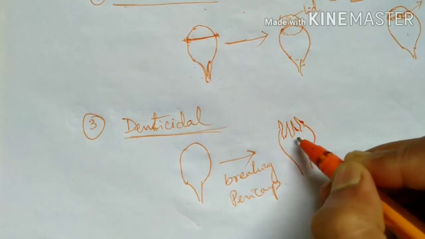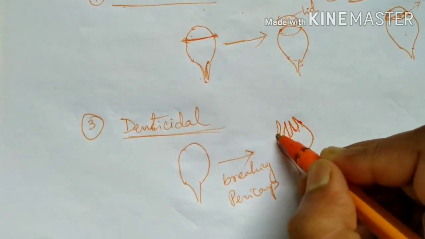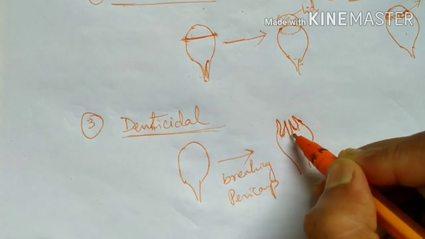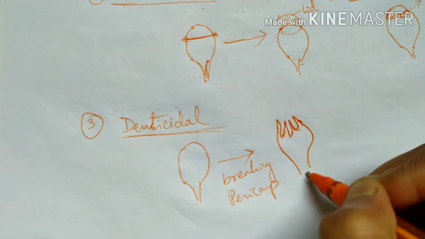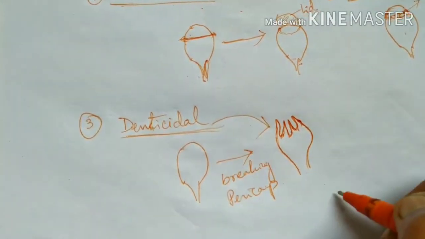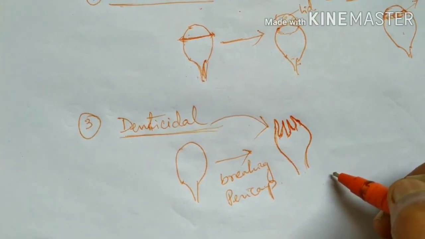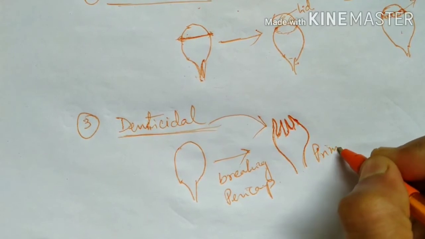So the pericarp breaks like a tooth-shaped structure. So this is known as denticidal type fruit. And primula is an example of this type of fruit.